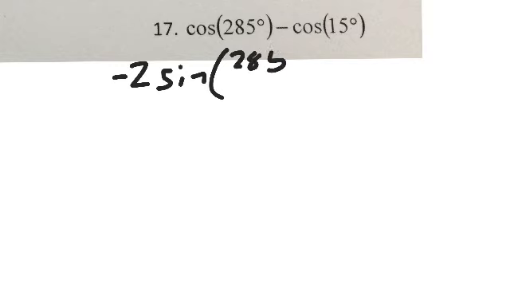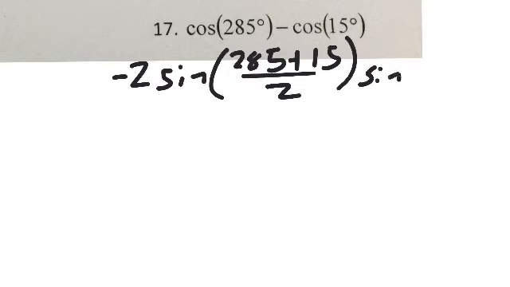And 17 is going to work out similarly, I do believe. So I've got cosine of x minus cosine of y, so that's going to be the last sum to product. So that's going to give a negative 2 times sine of x, 285, plus y, 15, over 2, times sine of x, which is 285, minus y, which is 15, all over 2.